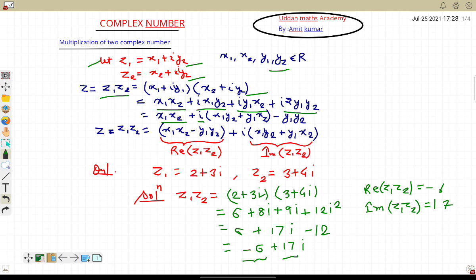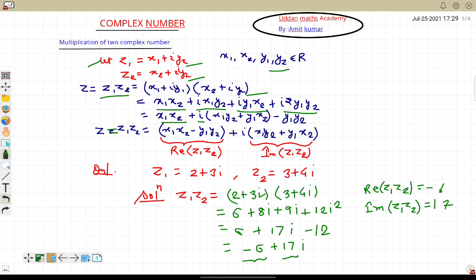In the next step, this value is x1 x2. From these two values we can take iota common, so this becomes x1 y2 plus y1 x2. As we know, the value of iota square is equal to minus 1, so the last value becomes minus y1 y2. So z is equal to z1 into z2.